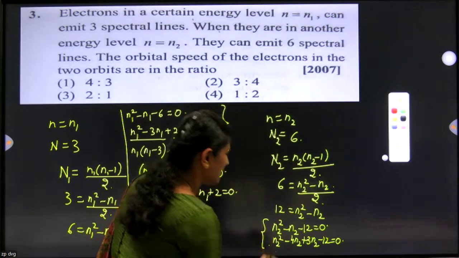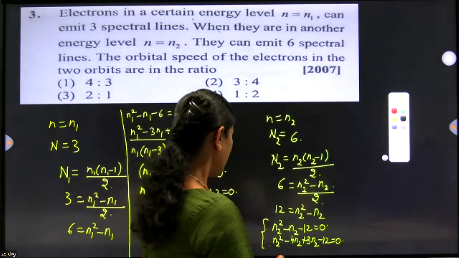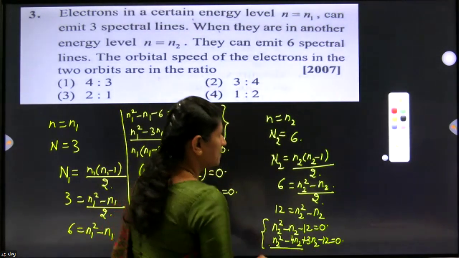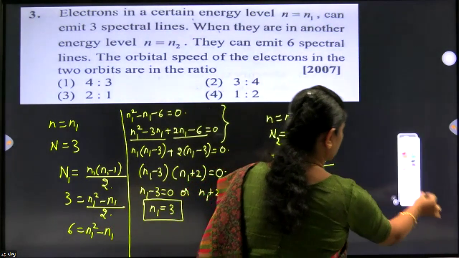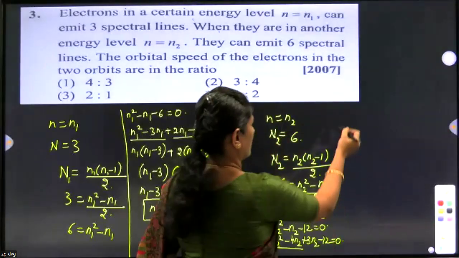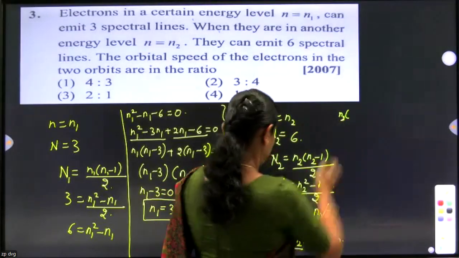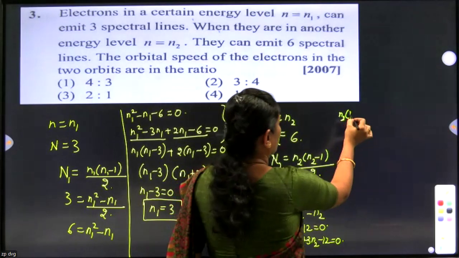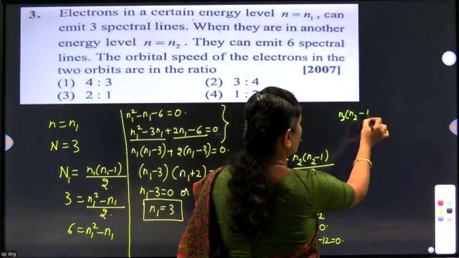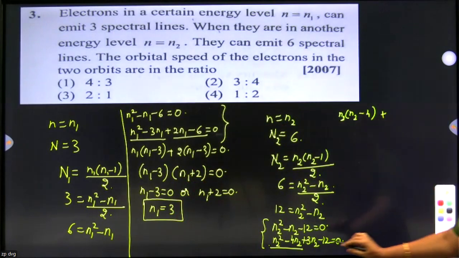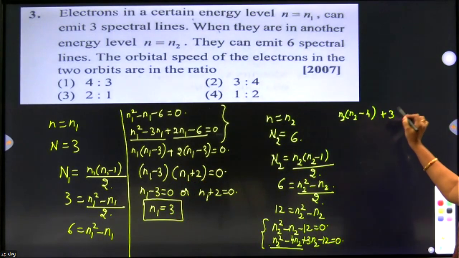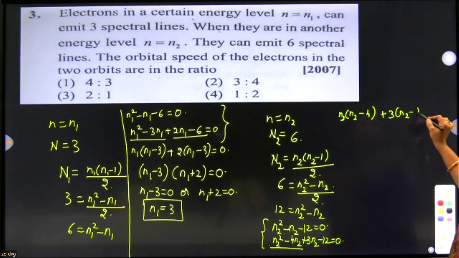Here n2 is common, n2 into n2 minus 4, plus here 3 is common, n2 minus 4, that equal to 0.